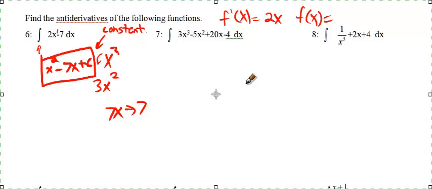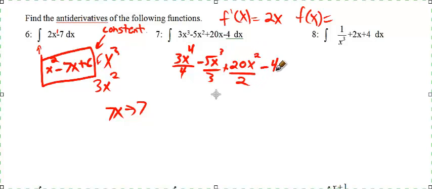All right, let's try another one here. So we follow our rules. We take 3x, add 1 to get the fourth, and then you divide it by 4. If you were to take the derivative, the 4's would cancel. Minus 5x to the third, divide that by 3, plus 20x to the second, divided by 2, minus 4x, and don't forget the plus c.